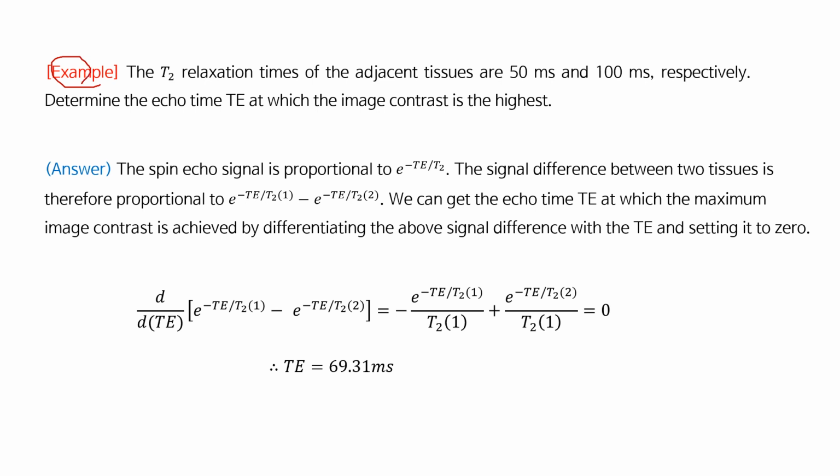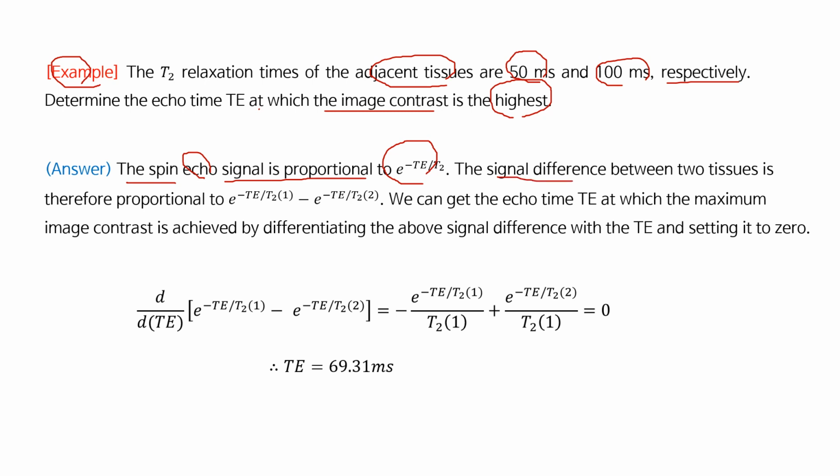Next example. The T2 relaxation times of the adjacent tissues are 50 milliseconds and 100 milliseconds respectively. Determine the echo time TE at which the image contrast is the highest. The spin echo signal is proportional to e to the minus T over T2. We already saw that.